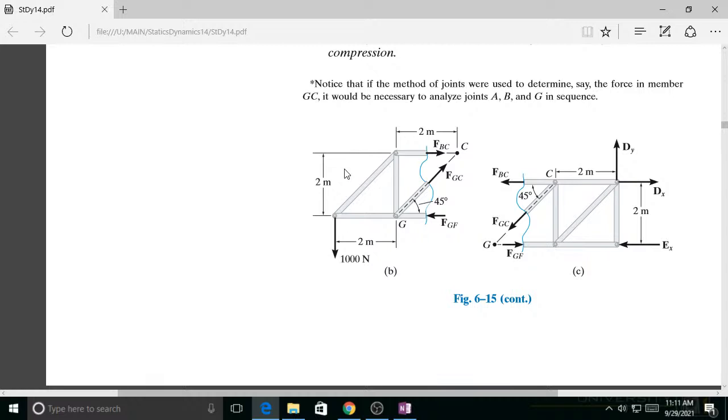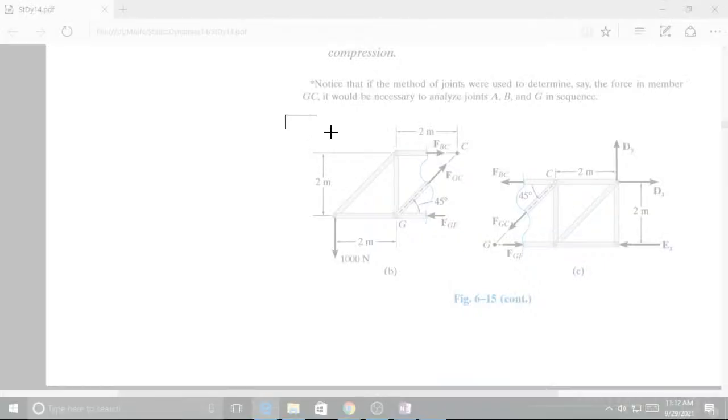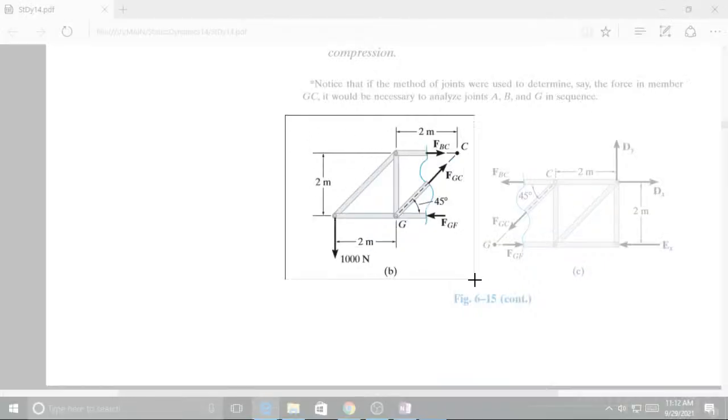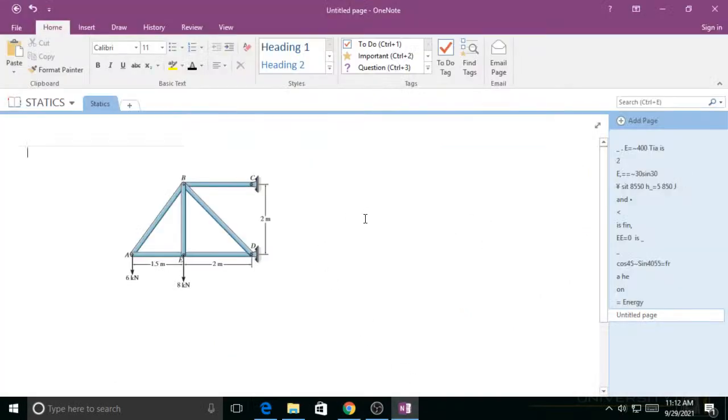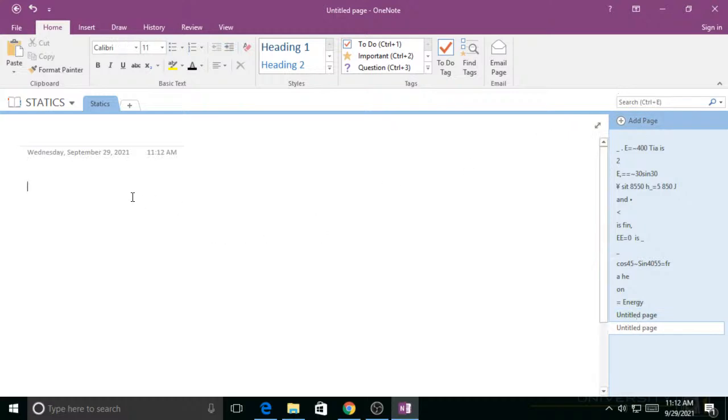Like in this one here, what's unique is that if I cut the left half away and just look at the left half, here I'll add a page so I can just talk about this.